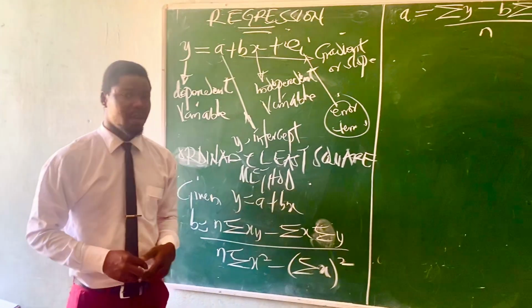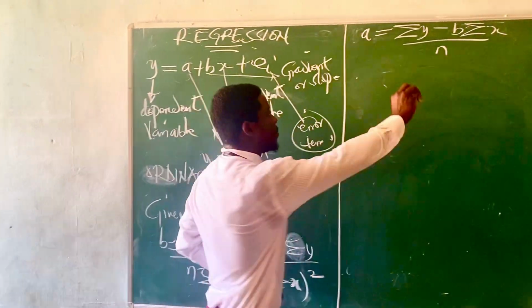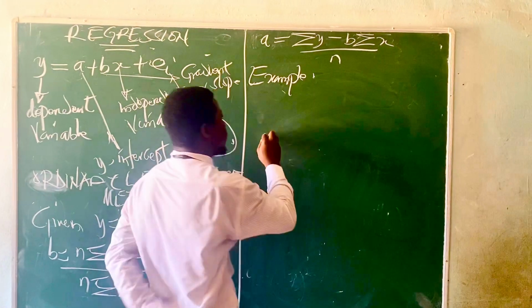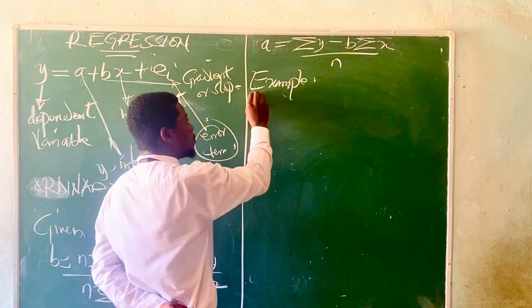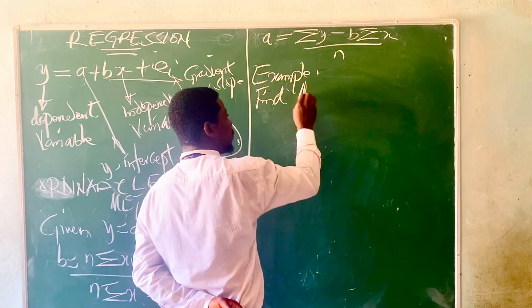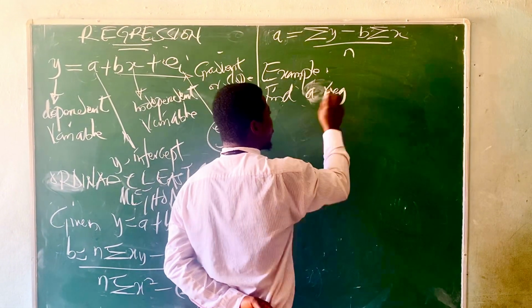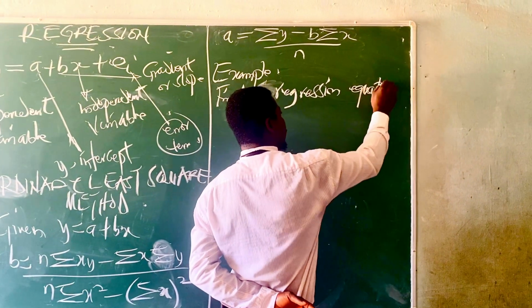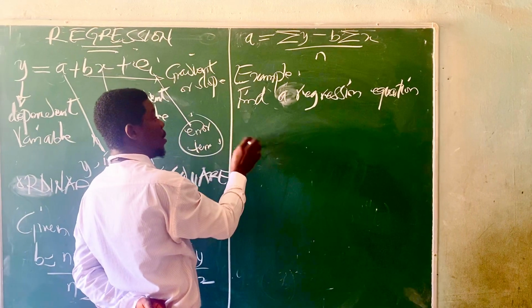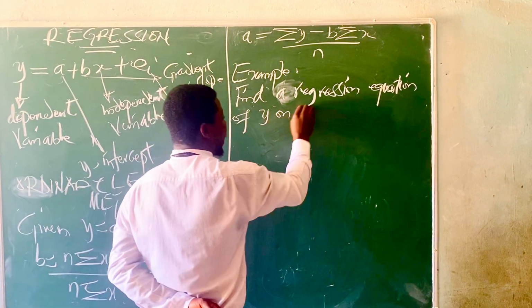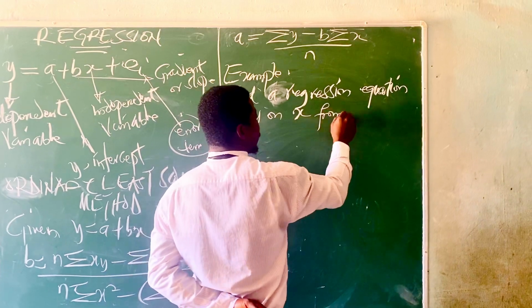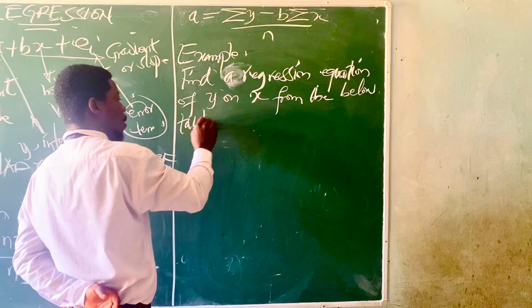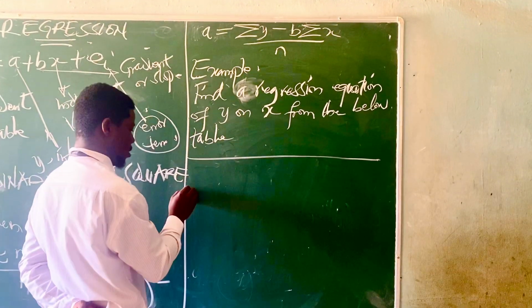Let us take a very simple sample. For instance, assuming they say, find a regression equation of y on x from the below table.